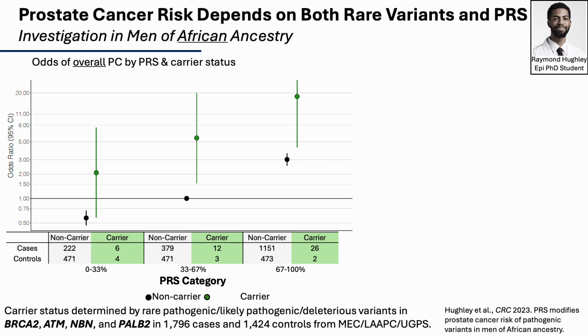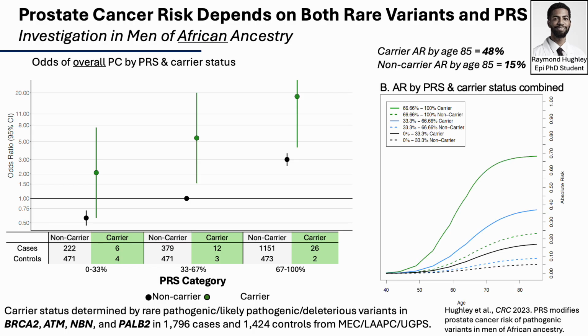And you can see that the odds of prostate cancer in non-carriers who have high PRS is about the same as what we observe in carriers who have low PRS. So again, really just conveying that having both pieces of information is really informative, that you can be a carrier and still have relatively low risk of prostate cancer if you have a low PRS.